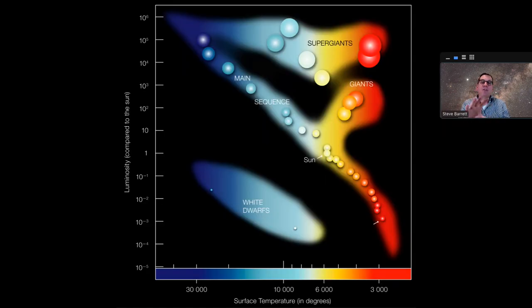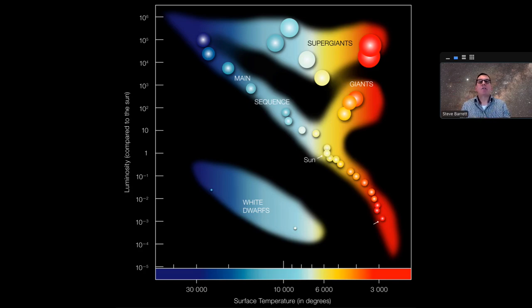It's useful to think of the way we classify stars. Some of you may recognise this as a Hertzsprung-Russell diagram. It's a diagram in which we plot stars on a vertical scale of their luminosity, and for convenience we choose the luminosity relative to the sun. This is the intrinsic brightness of the star, not how bright it looks in our night sky, but how bright it actually is.